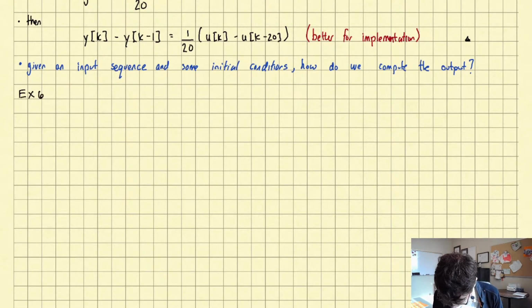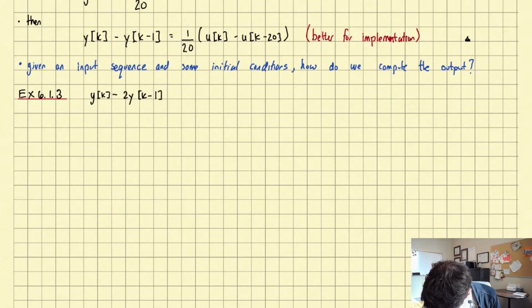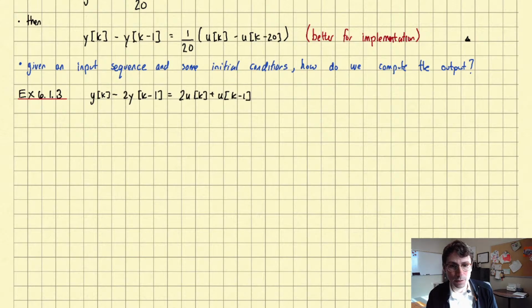I probably will not have time, but we can get started anyway. Okay, so I'll just write down the example and then you can think about it. So there's our difference equation.